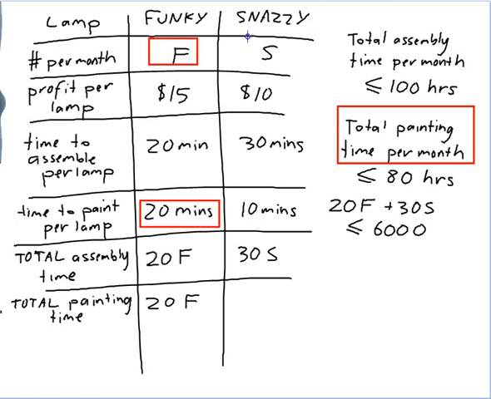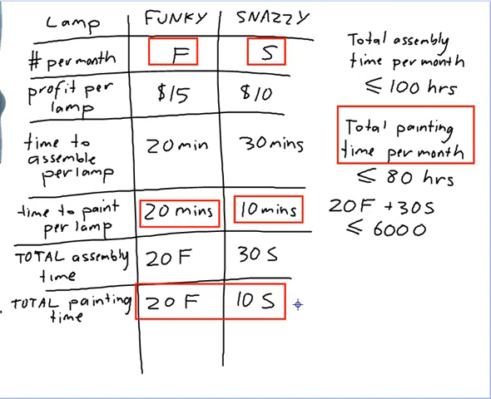And I have S snazzy lamps and each of them takes 10 minutes to paint, so that's 10S. So, putting all this together, 20F plus 10S should be equal to the total painting time per month. Well, less than or equal to 80 hours, which is 80 times 60 minutes, which is 4,000 minutes.